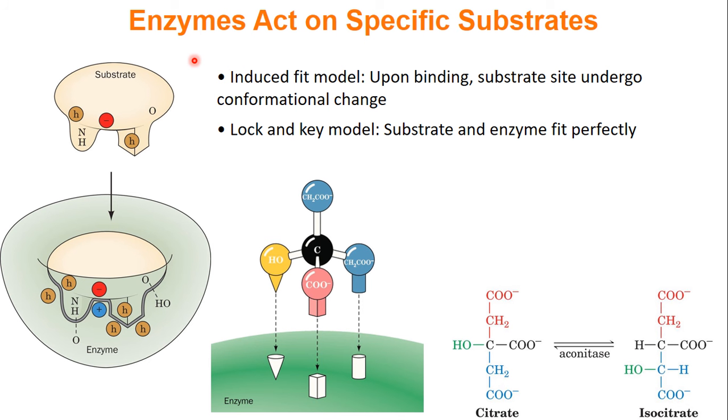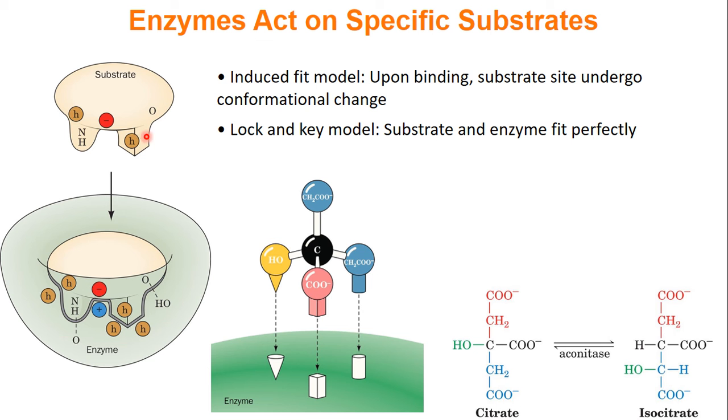Now let's look at how enzymes interact with our substrate, and there are two different models people go on. First is the induced fit model. For the induced fit, when your substrate binds, it will bind loosely because it's not a great fit. However, upon binding your substrate, your enzyme will change conformation and bind your substrate tighter. That's the induced fit model.